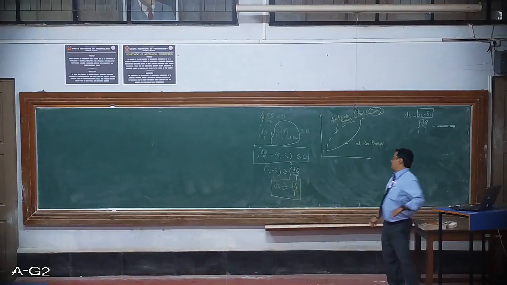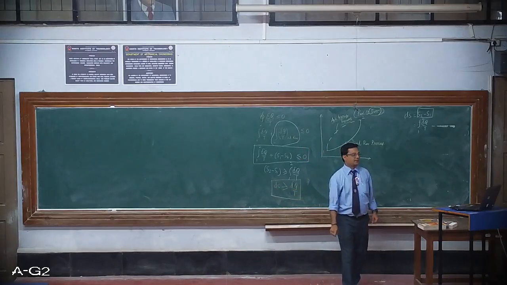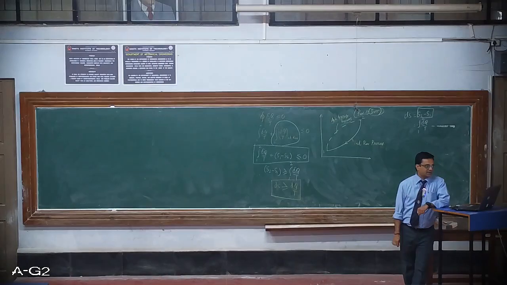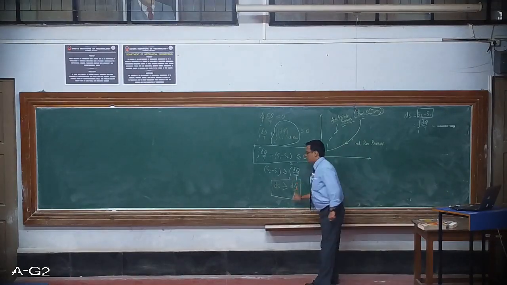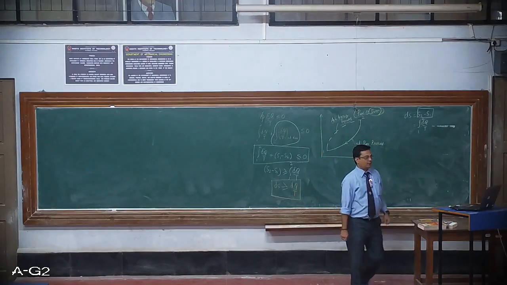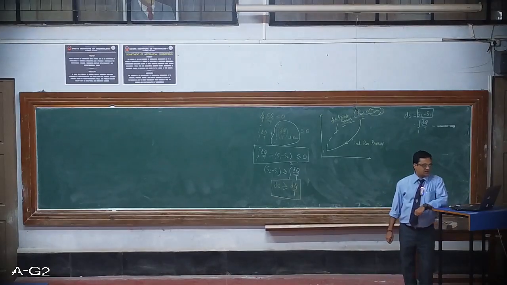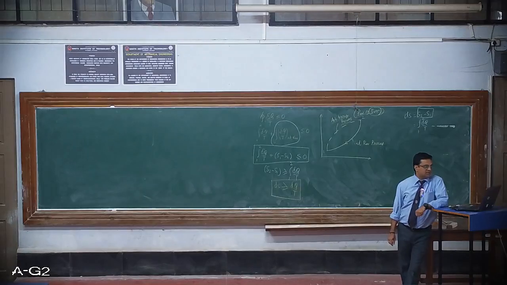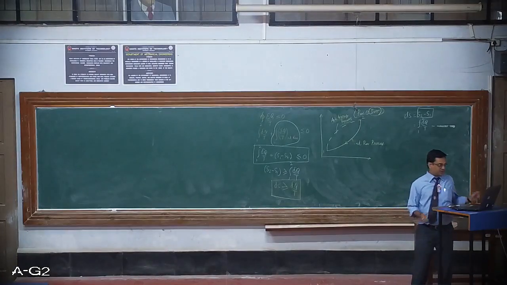So the entropy change, that is S2 minus S1 or dS, of a closed system during an irreversible process is greater than the integral of delta Q upon T for that particular reversible process. So this suggests that some entropy is generated or created during an irreversible process. The equation proves that.